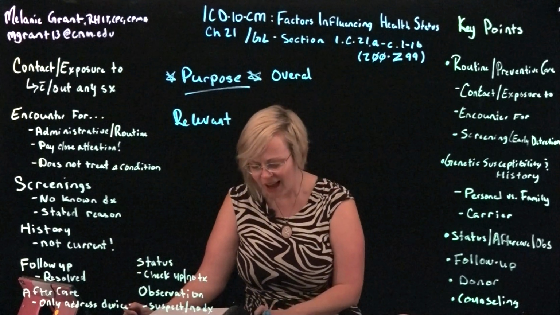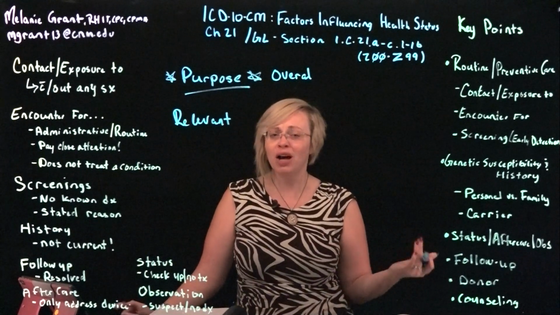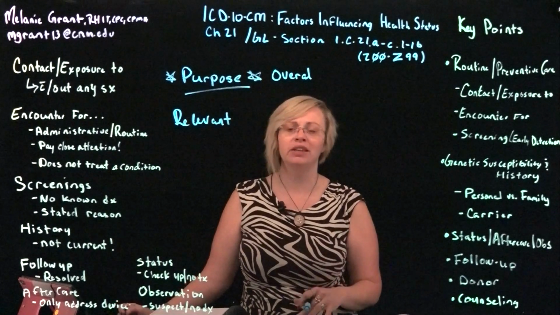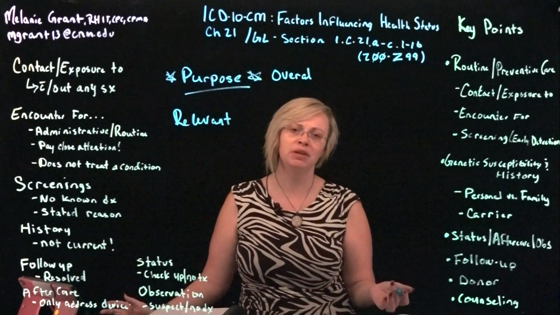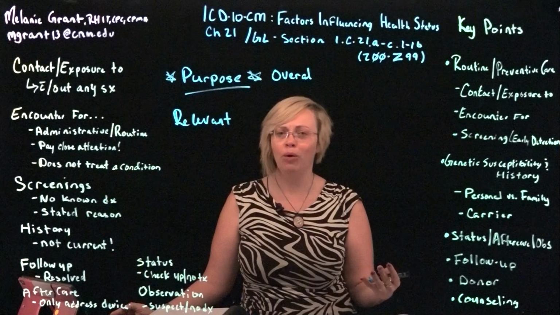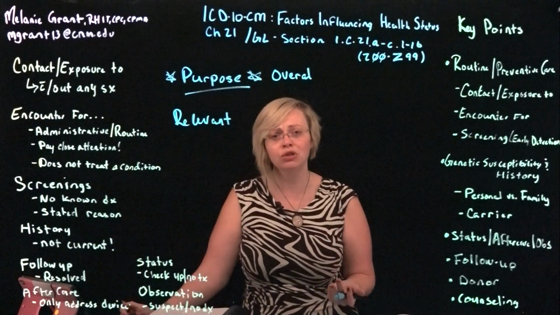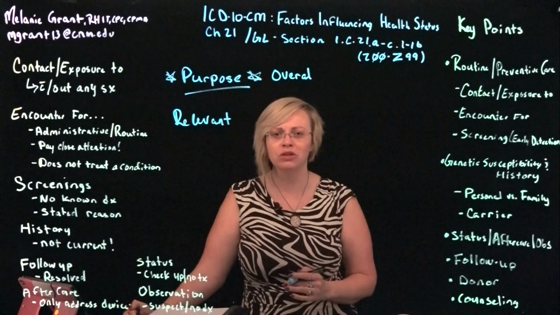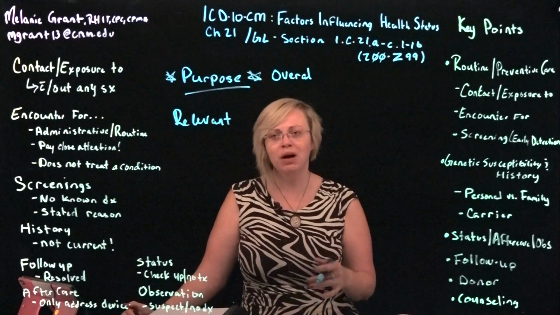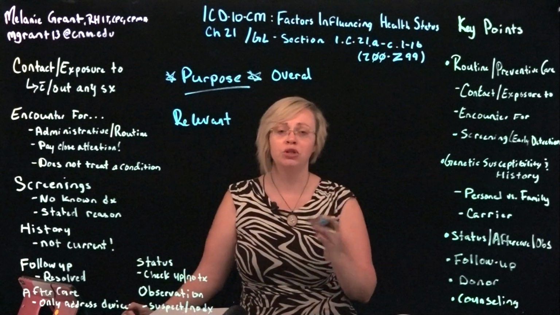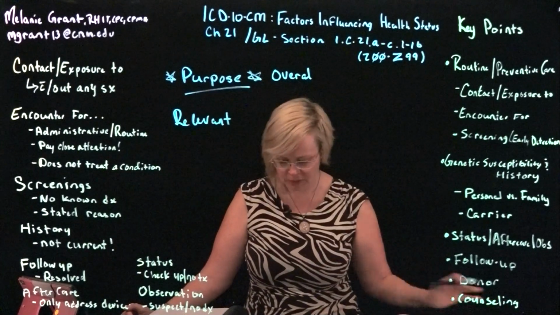But I know that I'm type A positive, but my doctors don't necessarily need to list that every time they see me, especially if it's a routine cold or a general physical. However, if I get surgery, that might be something important the surgeon should be aware of. So keep in mind, when is it relevant and when should we be listing codes?